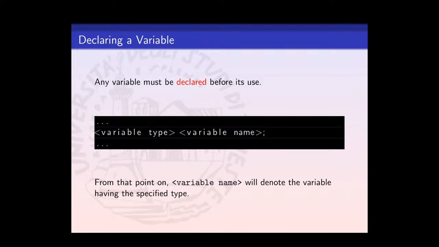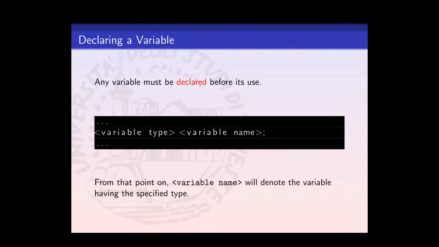So you have to say, look program, I'm going to use a variable whose name is people and whose type is type of people. And to do it, you can simply use this basic syntax. We will have the type of the variable at the beginning, a space, the name of the variable, and then a semicolon.